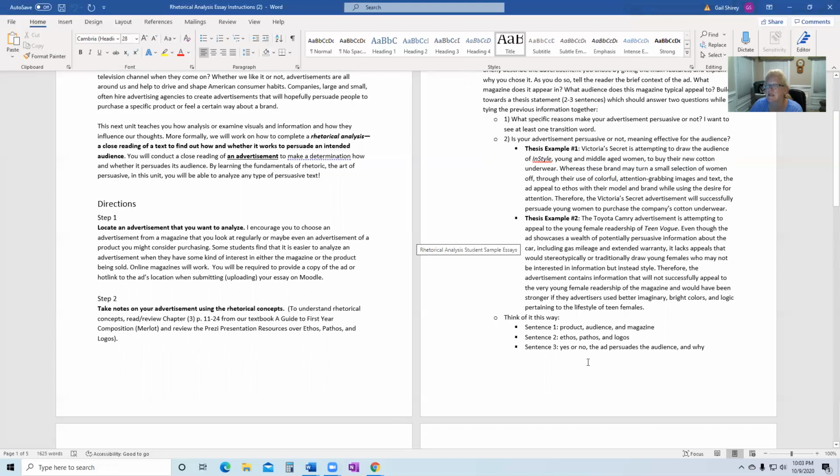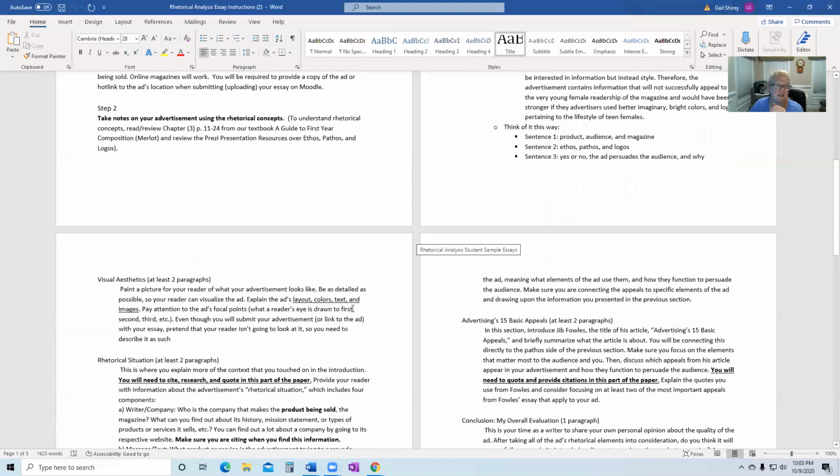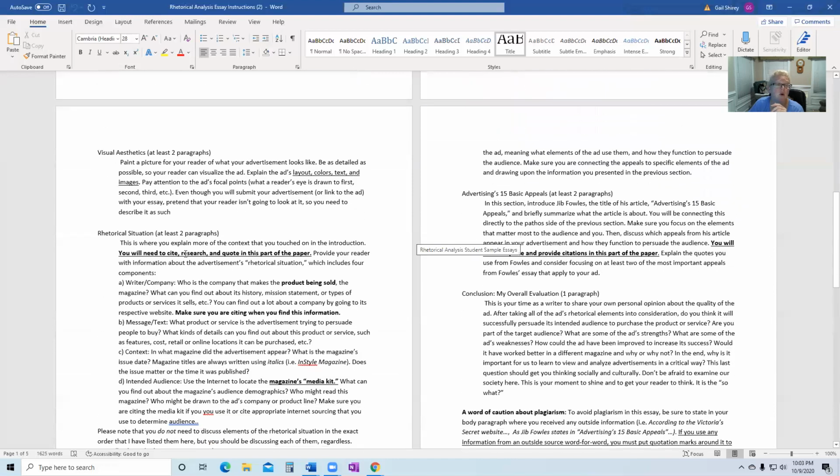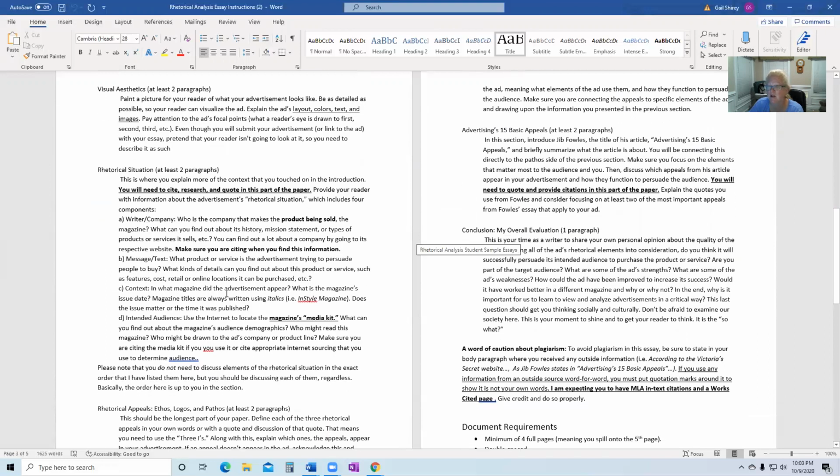It's going to be a 3-sentence formula, and I do want you to use that formula with your thesis within the introduction. You're going to have a section on visual aesthetics, and that's going to be a minimum of 2 paragraphs, a section on rhetorical situation, and in this particular section, you're going to need to quote and provide, in other words, cite, research, and quote.